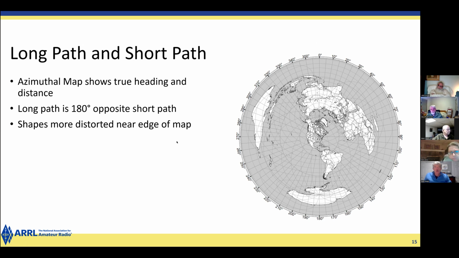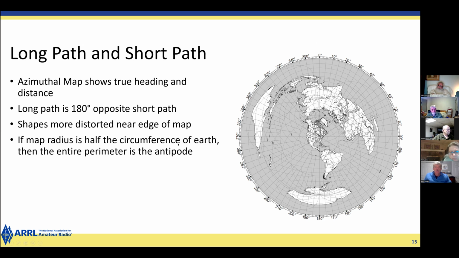And then there's another feature, and that is if the outer edge of the map is half the circumference of the Earth, in other words, about 12,500 miles, then the location of any place on that perimeter is the antipode of where you are, which is to say the farthest place away.